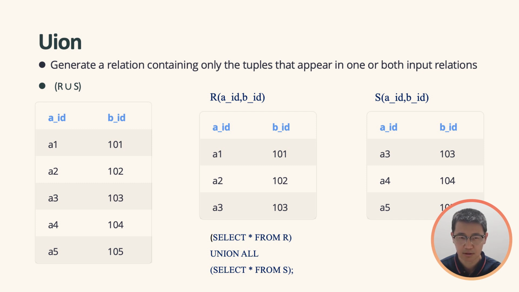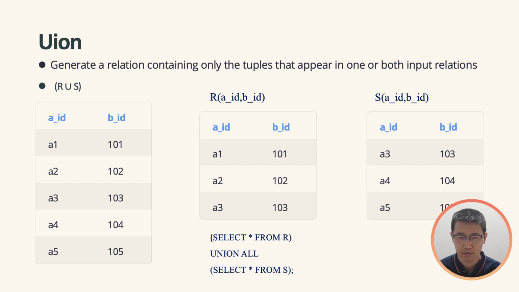For example, after performing this union on R and S, it actually corresponds to combining the tuples from R and S and creating a new relation with those combined tuples.